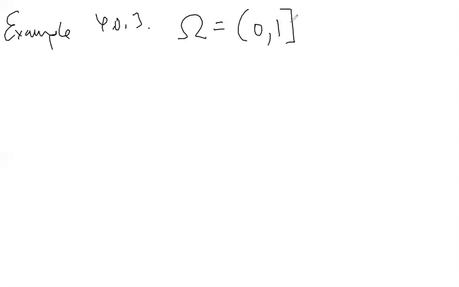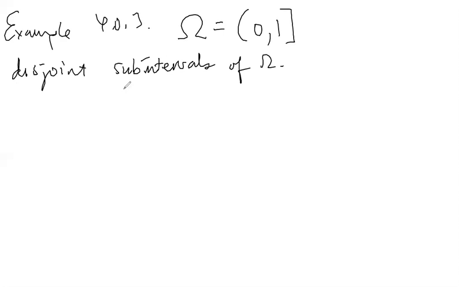So how do we make a field out of this? We can make a field out of this by considering disjoint subintervals of omega.